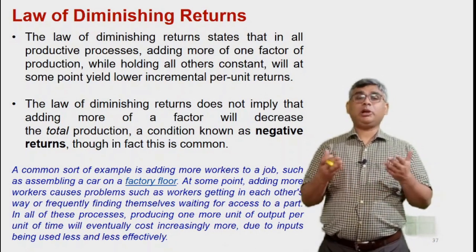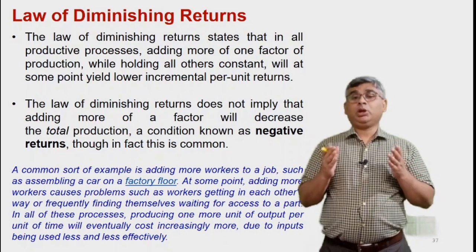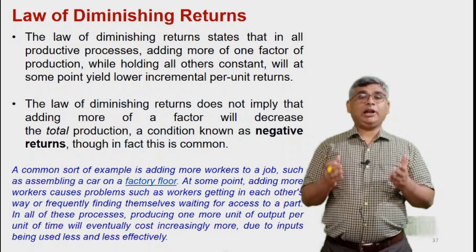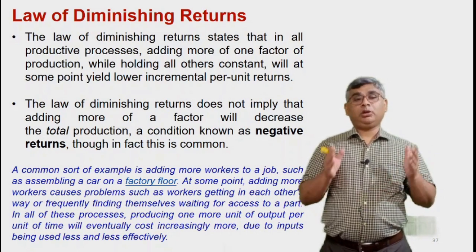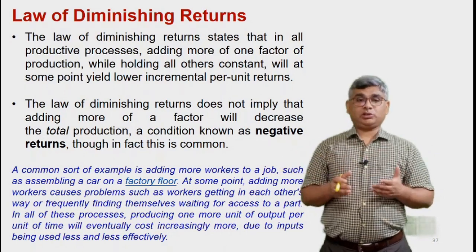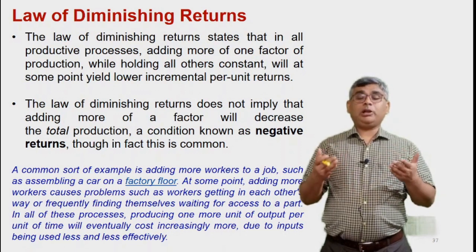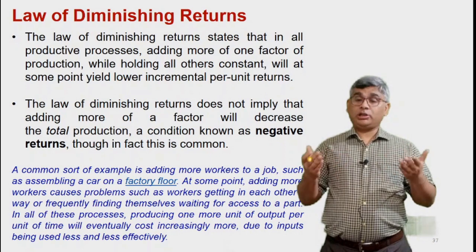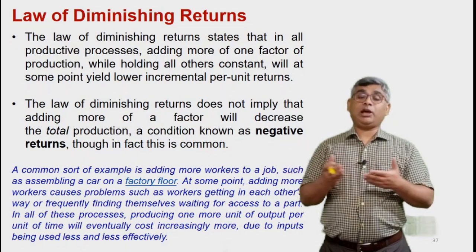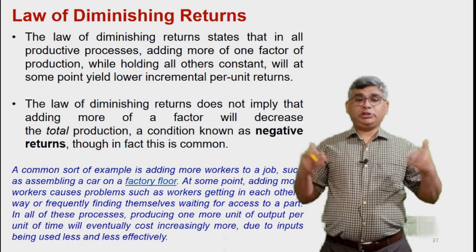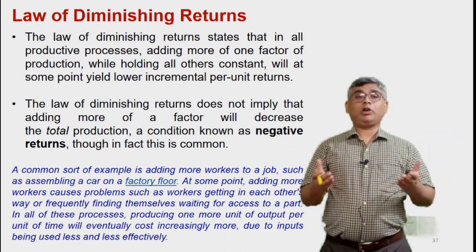So this is the law of diminishing returns, which states that in any production process, adding one or more factors of production while holding the other factors constant will lead to a point where the incremental returns are no longer positive, or rather we have negative returns. Simply, if we don't increase the number of machines and keep on increasing the labor, what will happen?